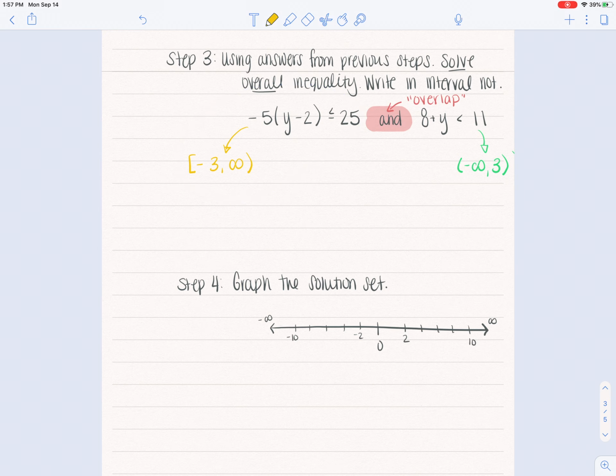So I've got negative 3 to infinity with a bracket, and it is going to infinity and beyond. I then have the second one, negative infinity to 3. I'm going to do that one in green. So I've got negative infinity to 3, a parenthesis on 3, and then it is going to the left.